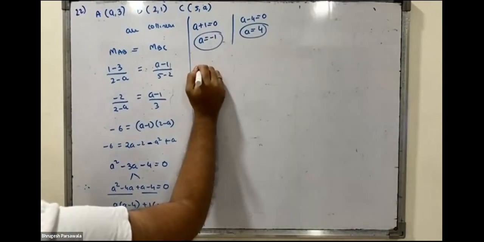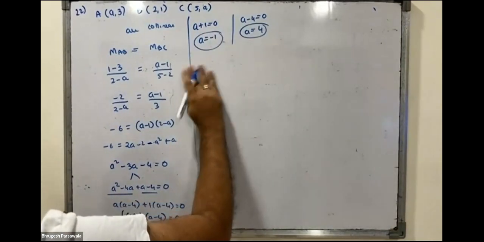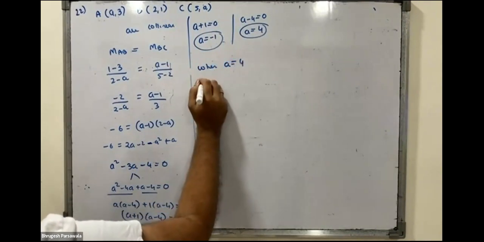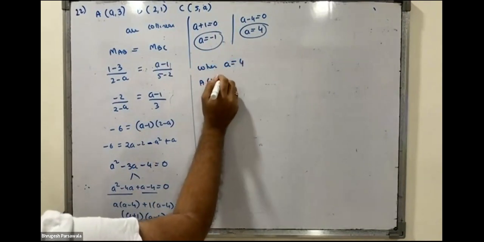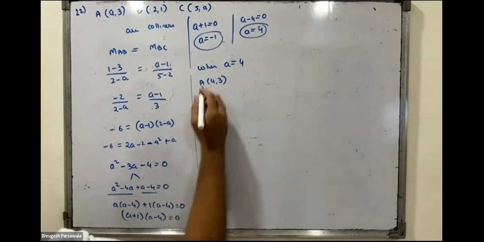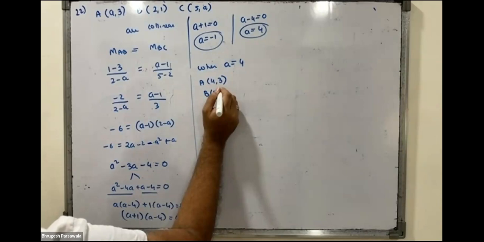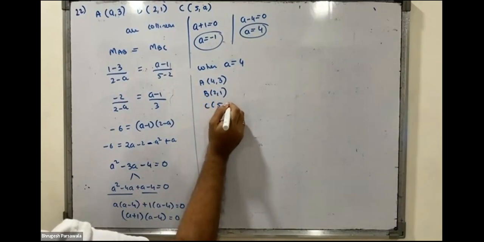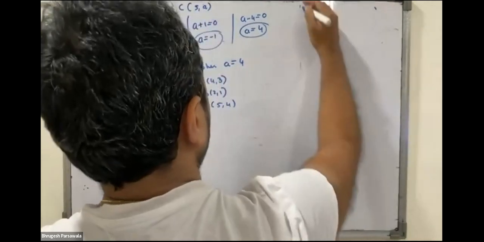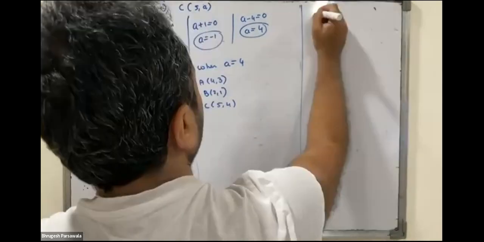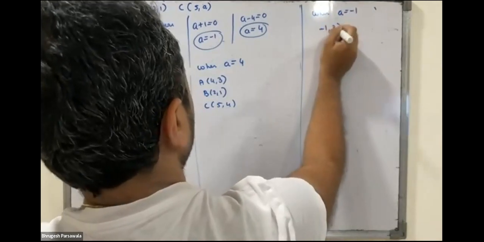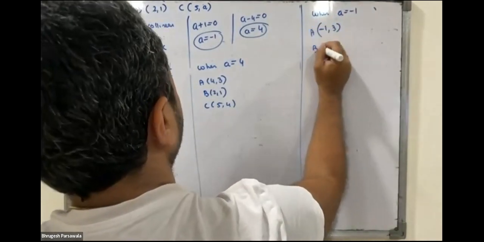Okay, so we got the coordinates. When A is 4, A is (4, 3), B is (2, 1), and C is (5, 4). When A is minus 1, A is (minus 1, 3).